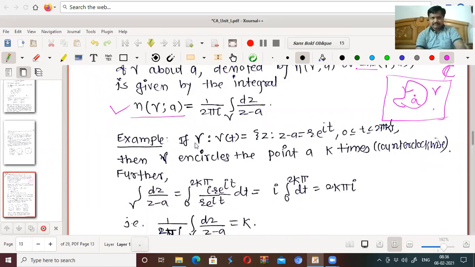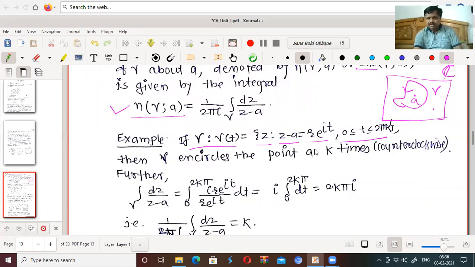For example, let gamma at t be the set of all z such that z minus a equals r e to the power it, where t varies from 0 to 2 pi k.